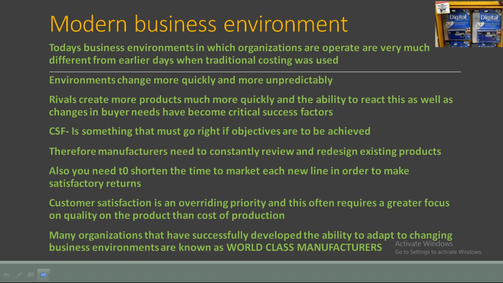Now, insurance, for example, your business. For people to buy your insurance cover, what is the most critical success factor for your organization? Reliability, or credibility, isn't it?